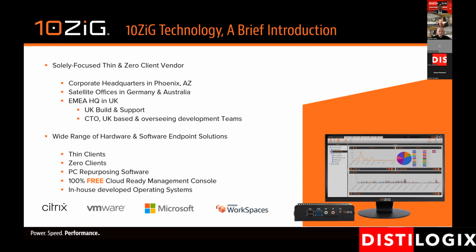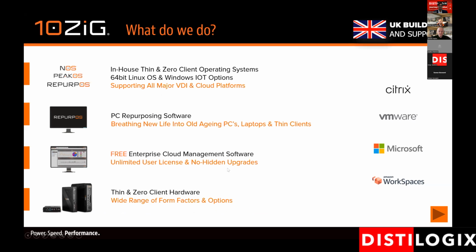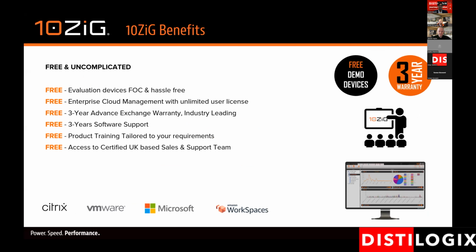We are obviously going to talk about Repurpose today, which is the main focus, but I'll tell you about our other operating systems, our management tool, and our hardware briefly as well. Before I do, there are some free things that you can get from us. We can arrange free demo units. Our management tool is completely free.